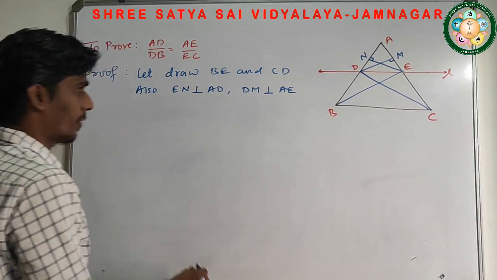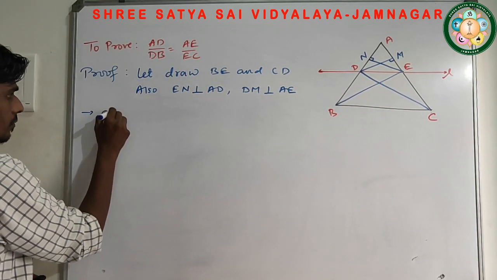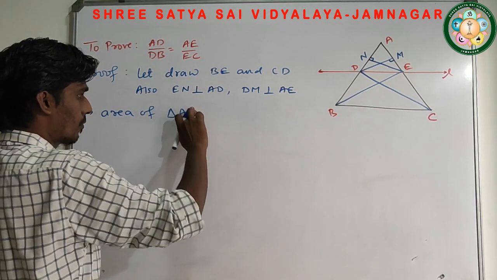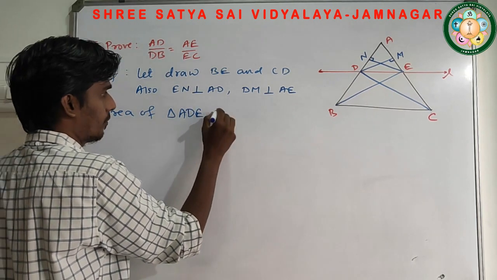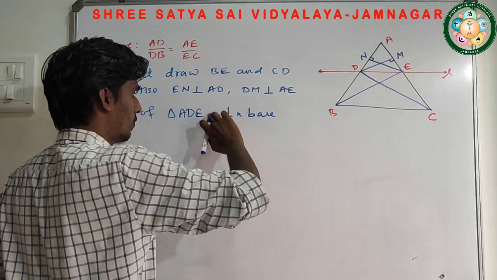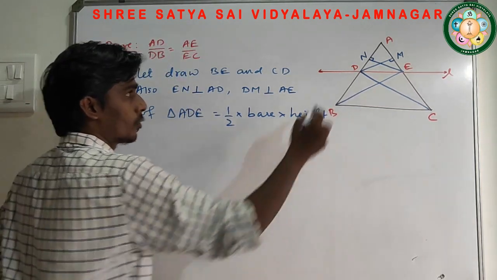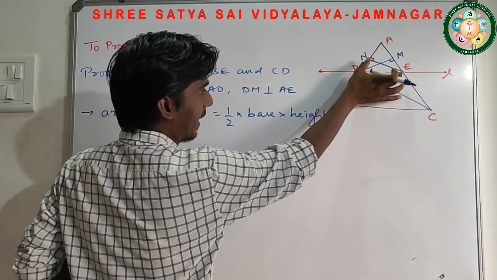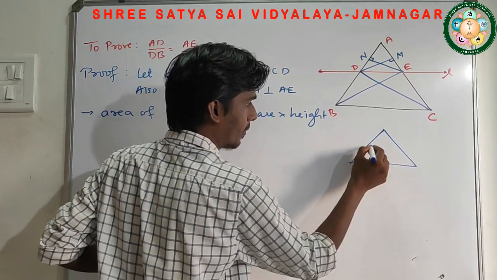Now we know the formula of the area of triangle ADE. Area of triangle is equal to half base into height. So for this triangle ADE, what altitude am I going to take? I am going to take altitude EN and base AD.